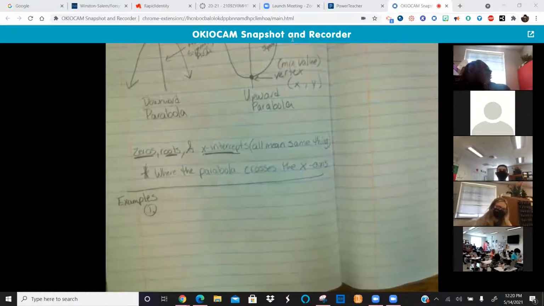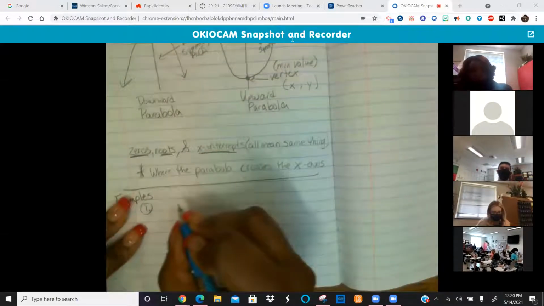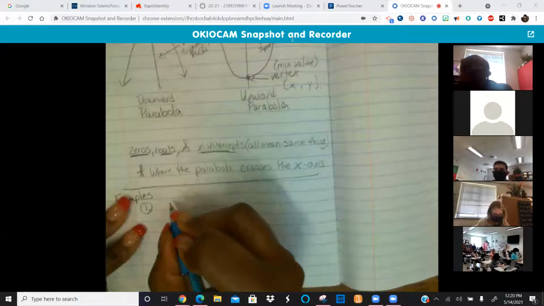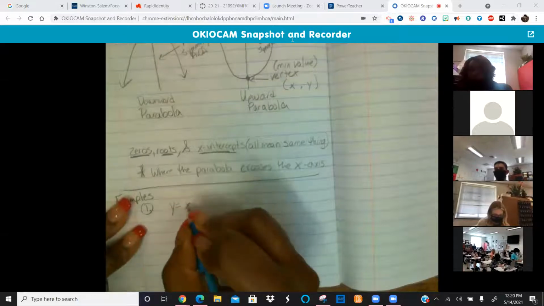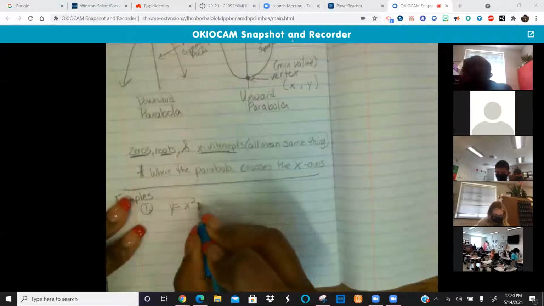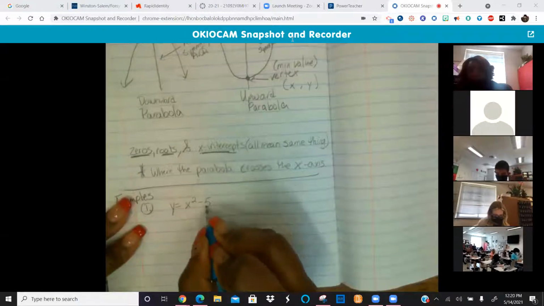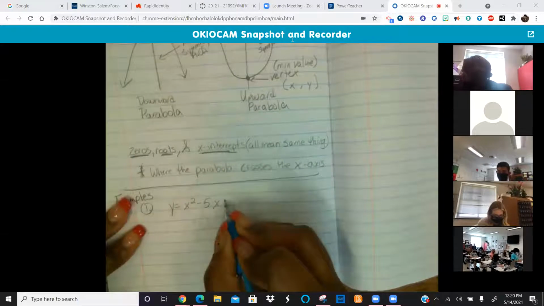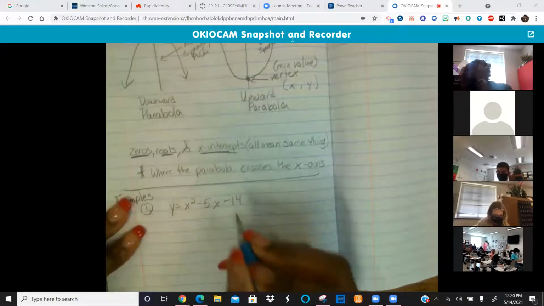Okay. So let's do this example. We have this parabola, y equals x squared minus 5x minus 14. This makes it a parabola because of the x squared term.